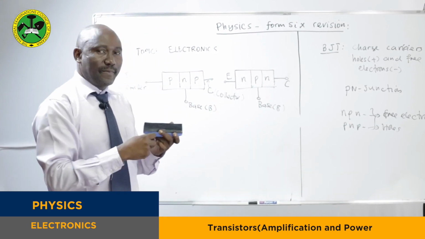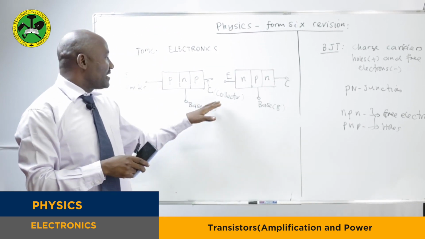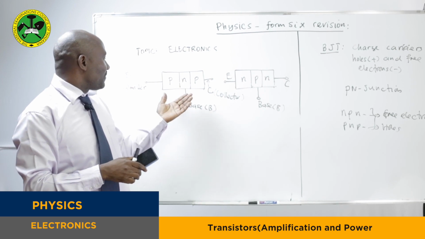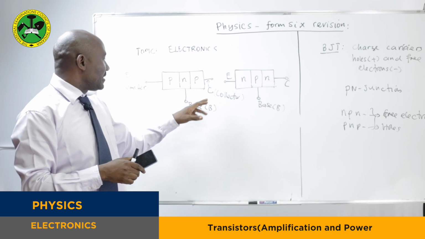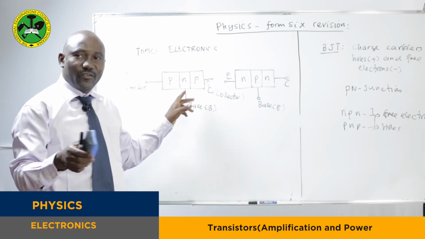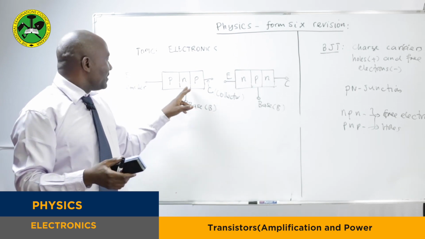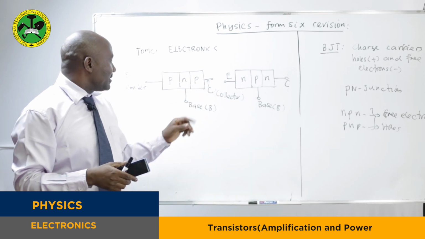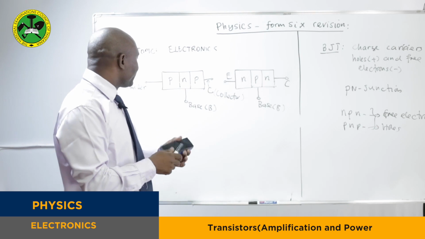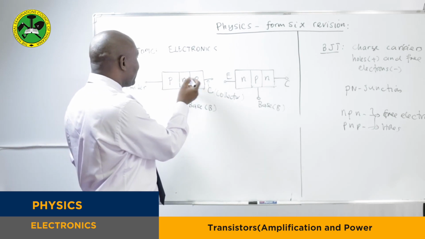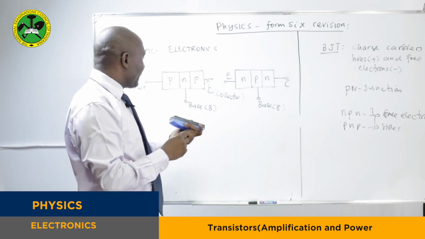So a transistor is a three-terminal device which consists of an emitter, base, and collector. And you can see from this arrangement that we did in class, the way the transistors are made, the base of a transistor must be very thin compared to the other sides of the transistor.